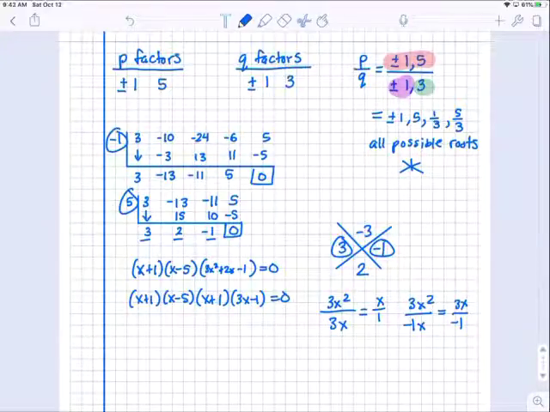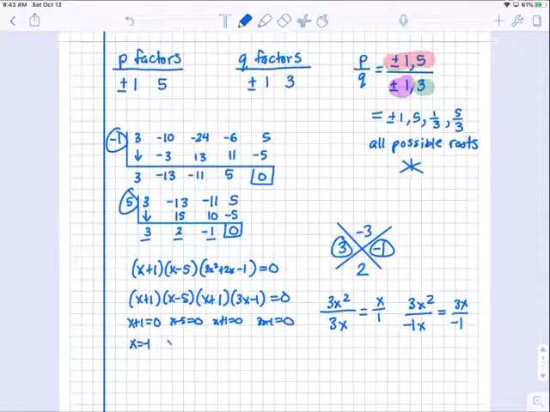So let's solve for our zeros. x plus 1 equals 0, x minus 5 equals 0, x plus 1 equals 0, and 3x minus 1 is equal to 0. x is going to equal negative 1 there, x is going to equal 5 there, x is going to equal negative 1 there, and if you solve for this one, x is going to equal 1/3.